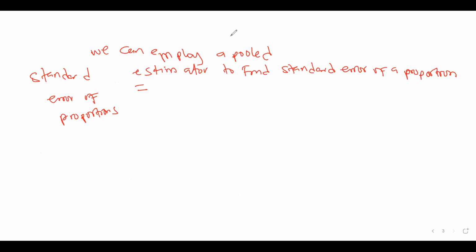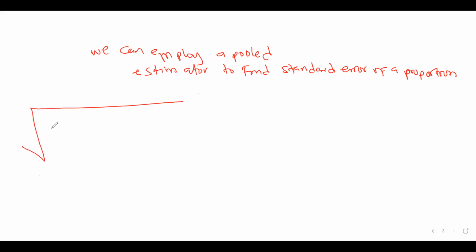The original one is the square root of p1 times (1 minus p1) over n1, plus p2 times (1 minus p2) over n2.